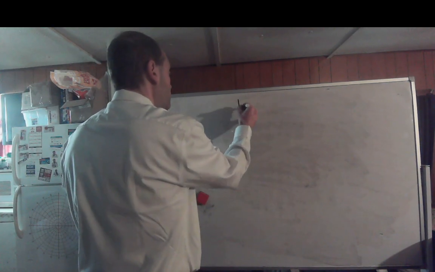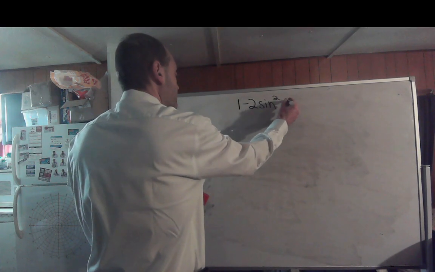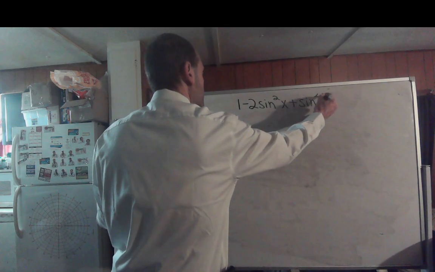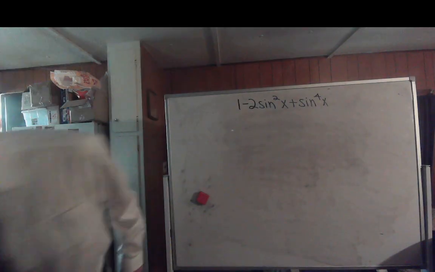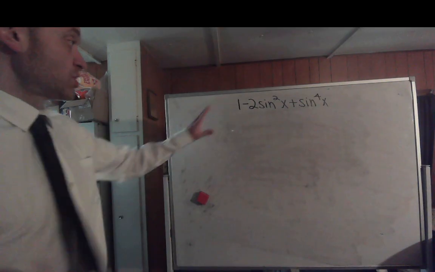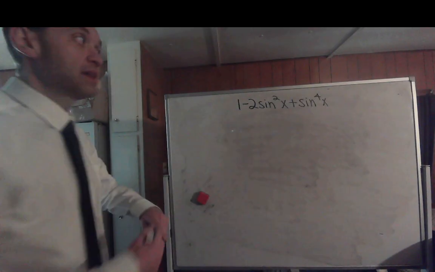Alright, we have 1 minus 2 sine squared of x plus the sine to the fourth of x. Okay. So 1 minus 2 sine squared of x plus sine to the fourth of x. Another quadratic equation form.